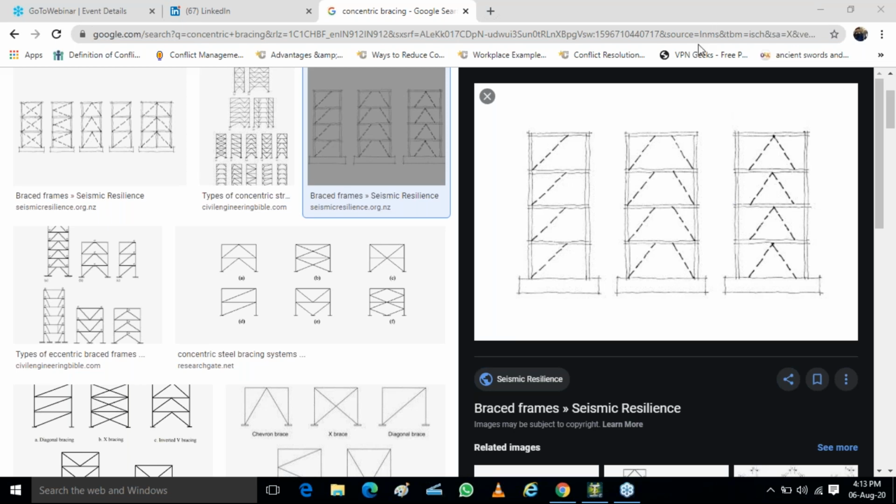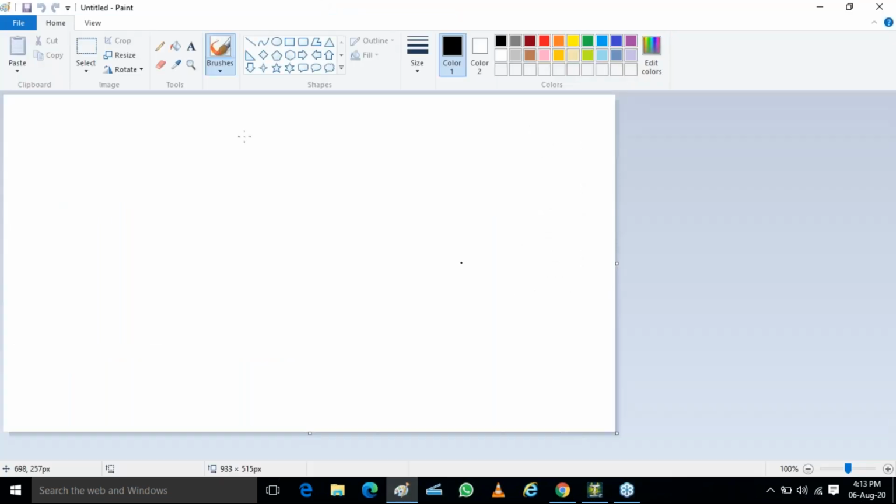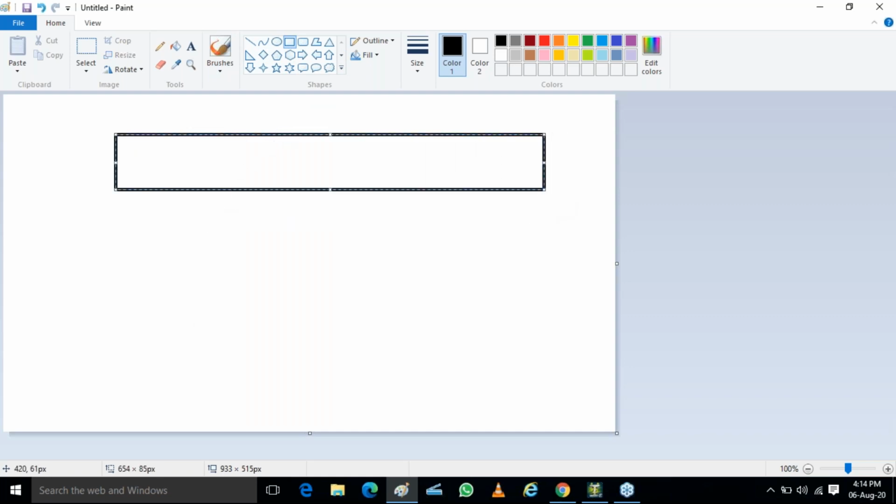Okay, so for an example, this is concentric bracing in which the center line of action comes. This is eccentric bracing. What will happen? When we do some bracing, see, STAAD Pro works on the center line action. This is your bracing.